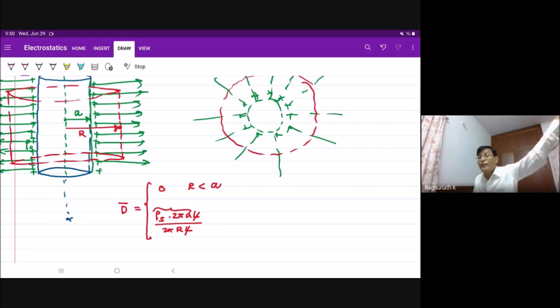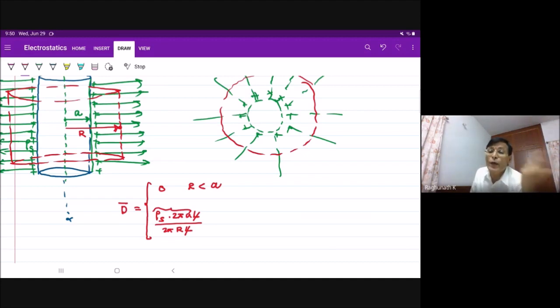Earlier, in the spherical surface charge case, I told you that you can assume all the charge is concentrated at the center as a point charge and calculate the field outside the charge distribution. In the same way, here rho s into 2 pi a, do you agree that it is rho L, the charge per unit length of the inner cylinder?